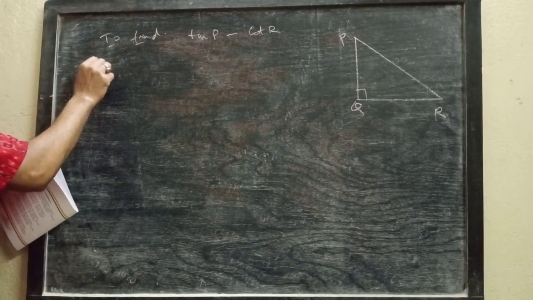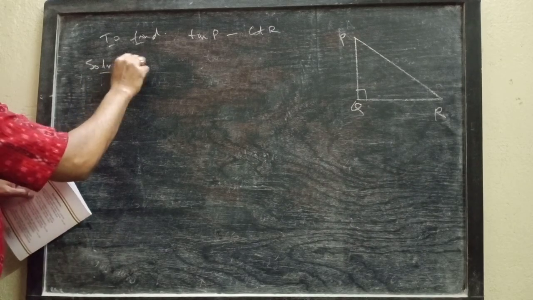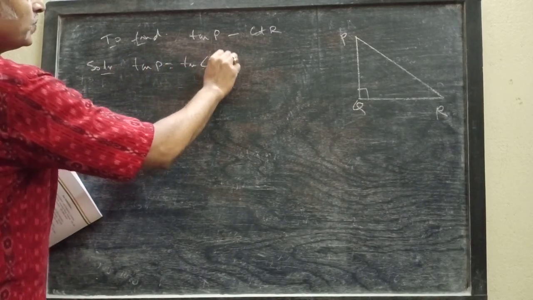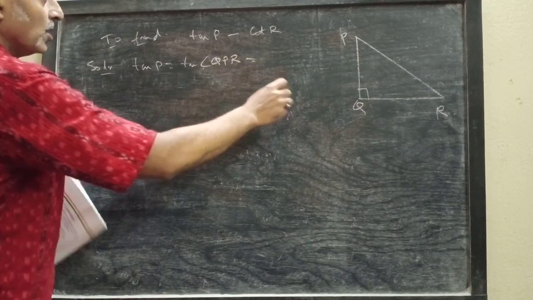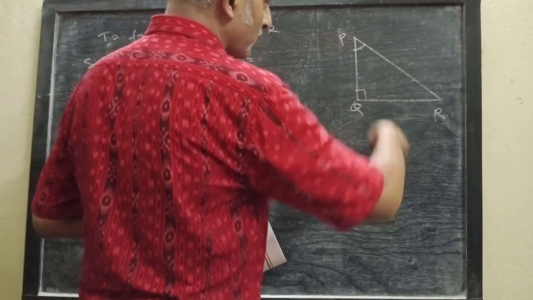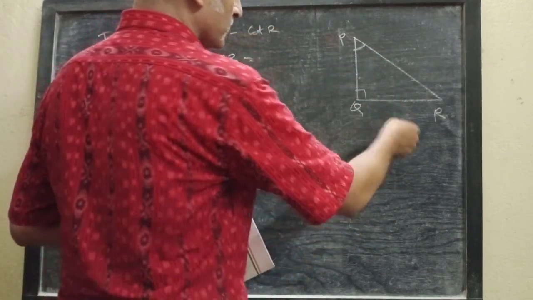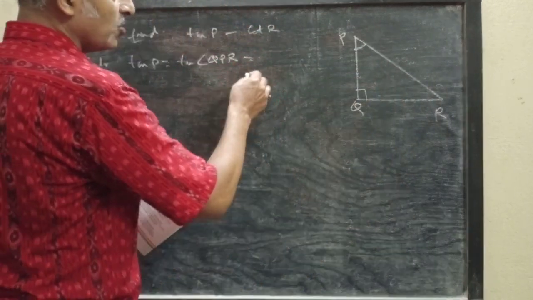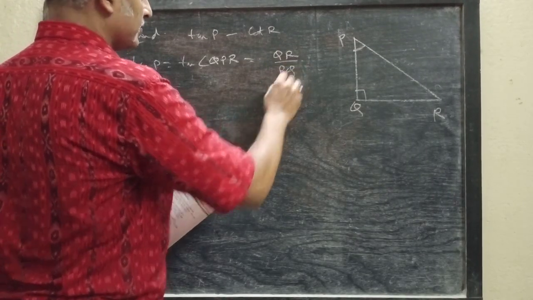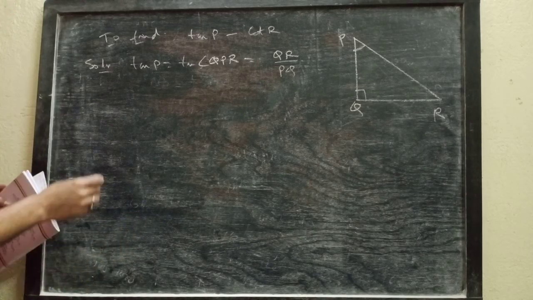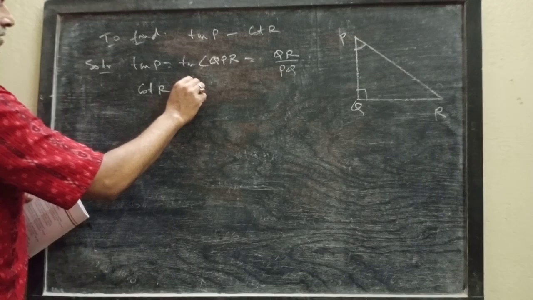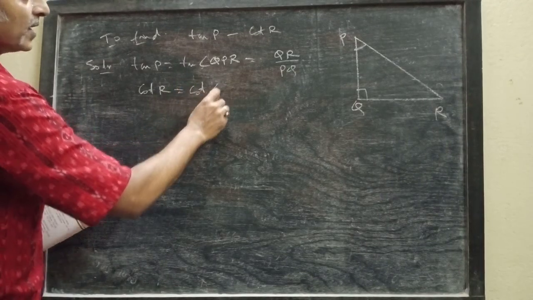Solution. We have tan of P, that means tan of angle QPR. Look, when angle QPR is considered, then QR is your perpendicular, PQ is your base. So perpendicular by base, so this will be QR by PQ. Next, cot angle R. Cot R, that means cot of angle PRQ.